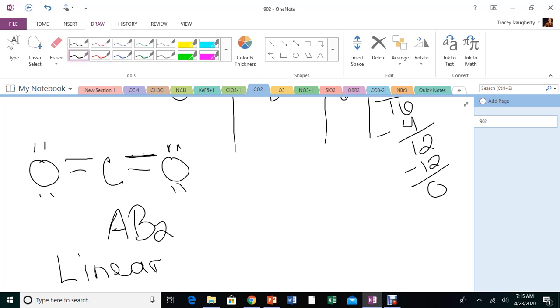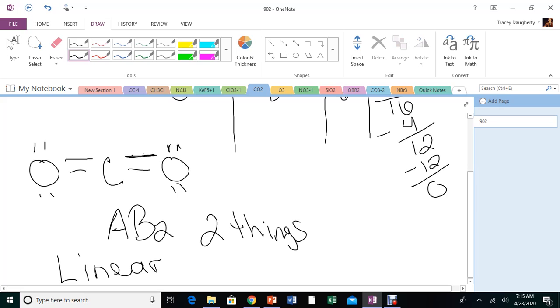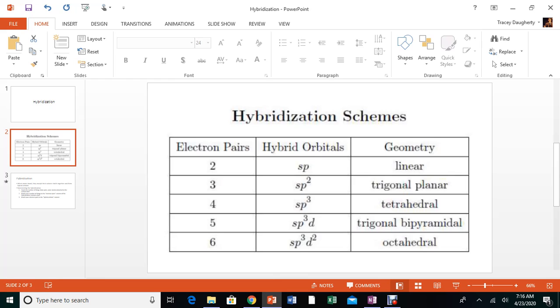Okay, CO2. We have 2 things on the central atom, which means that we are going to have sp. 2 things, hybrid orbital sp.